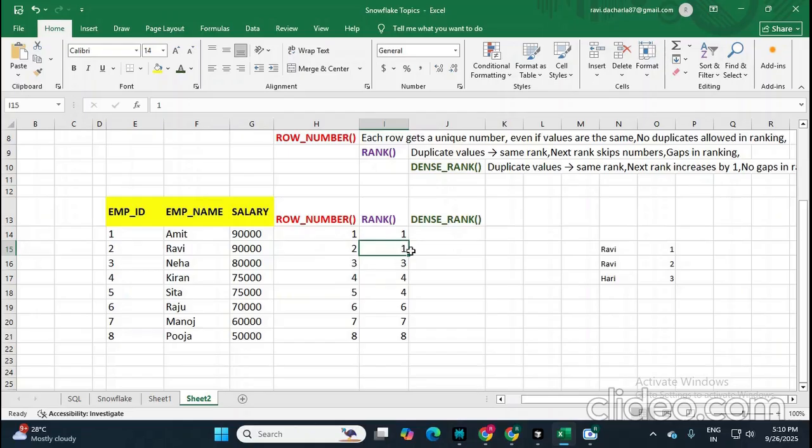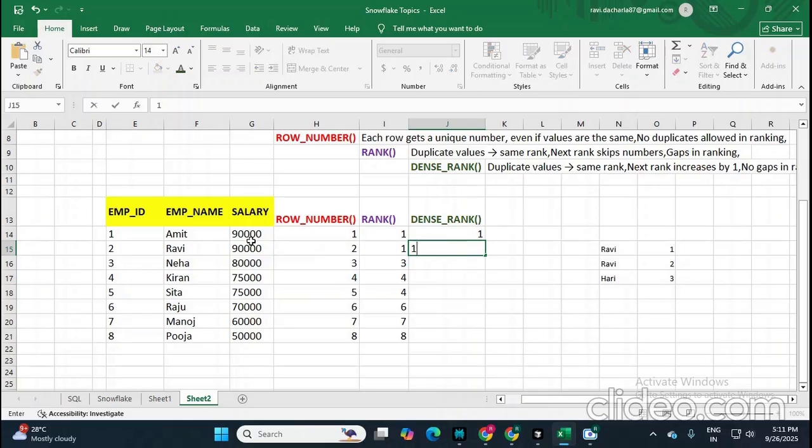Coming to dense rank. In dense rank, the same rank is given to duplicate values like the rank function, but here there is no gap in the ranking. In rank we have the gap, but here there are no gaps, and the next rank increases by 1. For example, Amit with 90,000 is first, and Ravi with 90,000 is first.